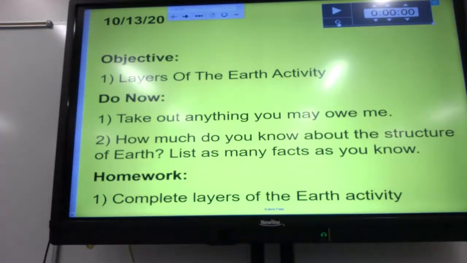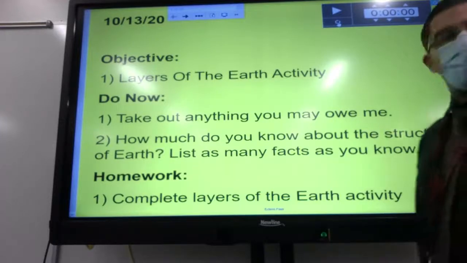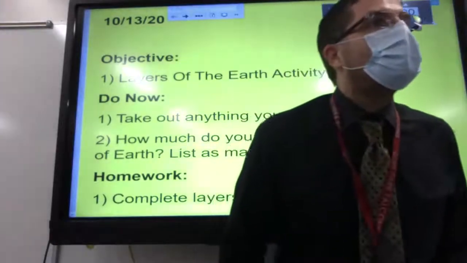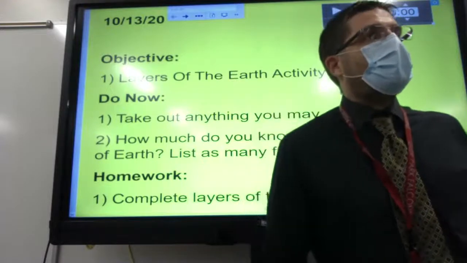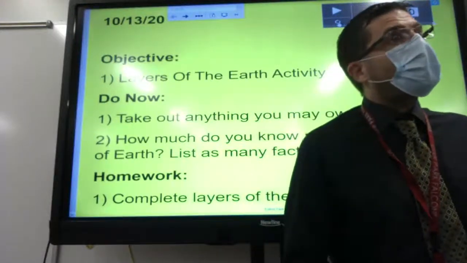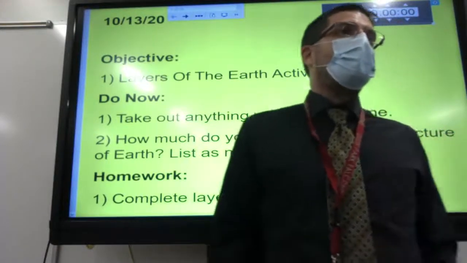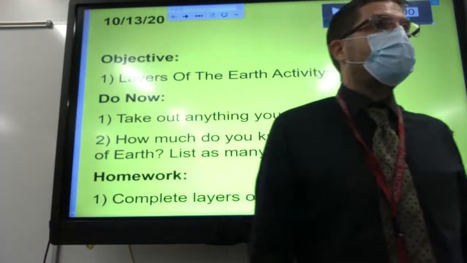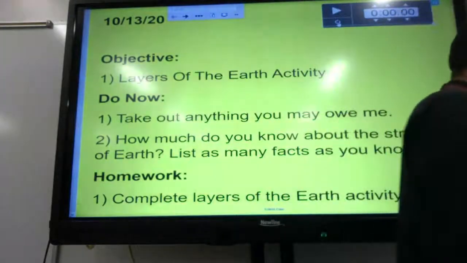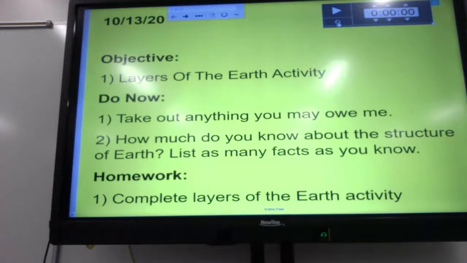The core. And where would the core be located? Center of the planet, right? Can you tell me anything about the core? Any of the features? What it would feel like? It would be very hot, yes. The core of the planet is also as hot as the surface of the sun.